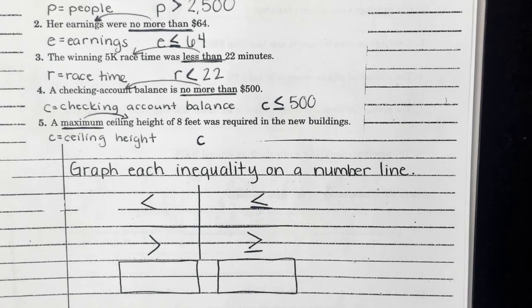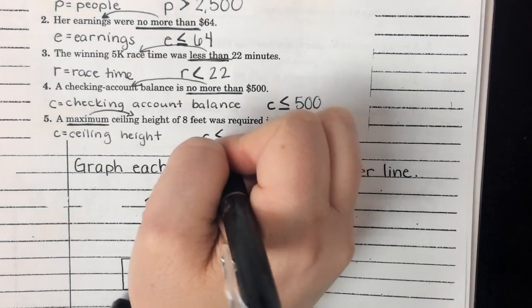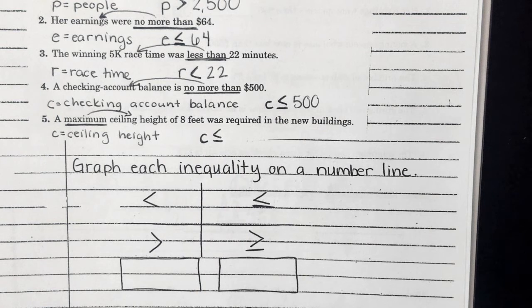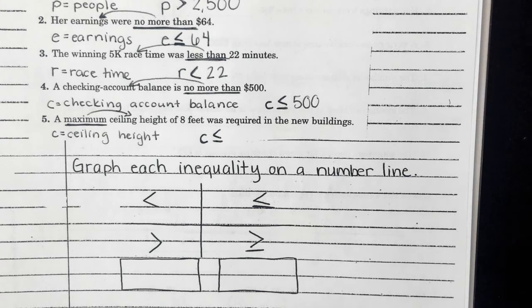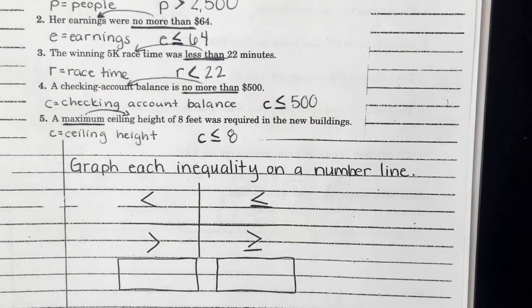No. So since it is the maximum and it can't be bigger, we're actually going to use less than or equal to, because the maximum means it can be 8 feet or it has to be shorter than 8 feet. So it can't go higher, so it has to go less. And then we're going to use our 8. Right? So what if I had said the word minimum?